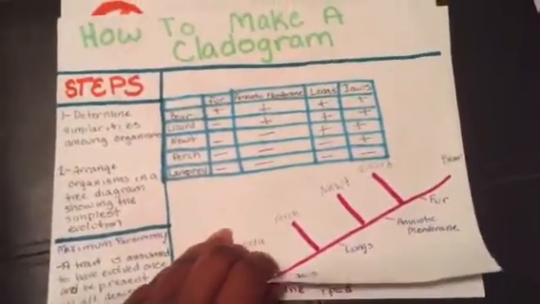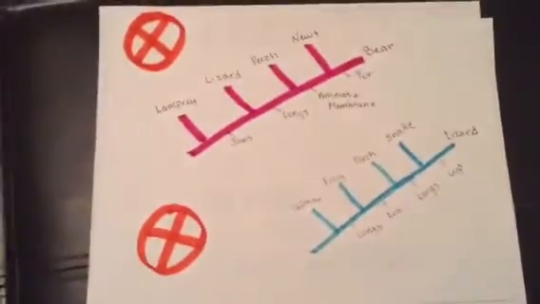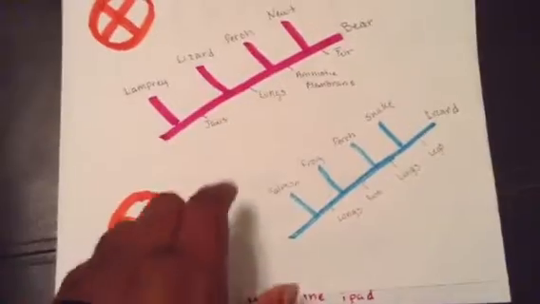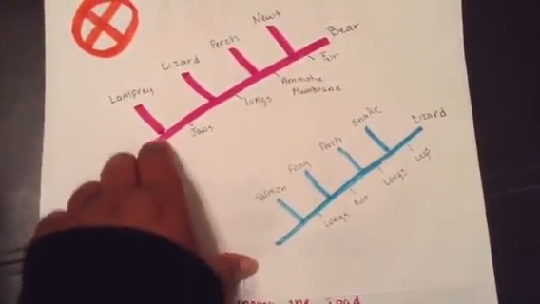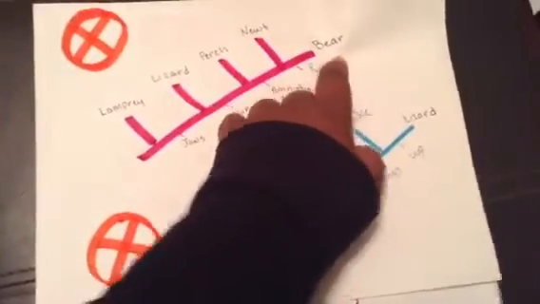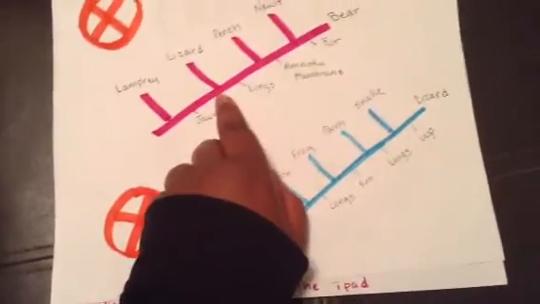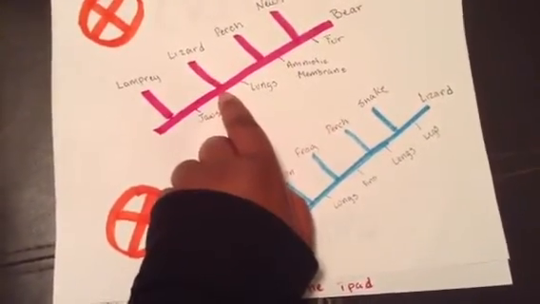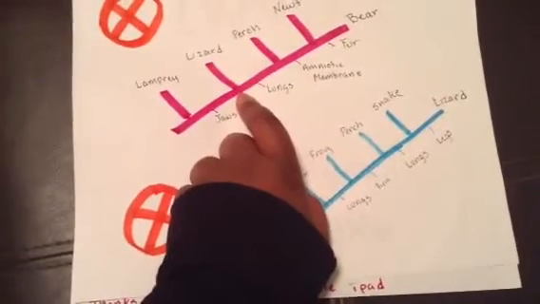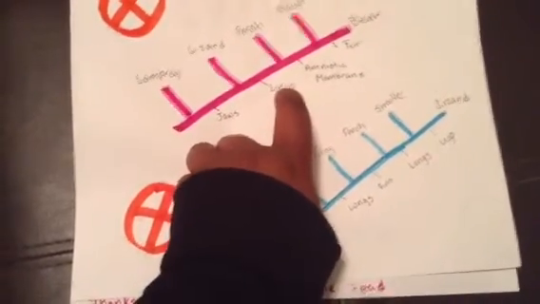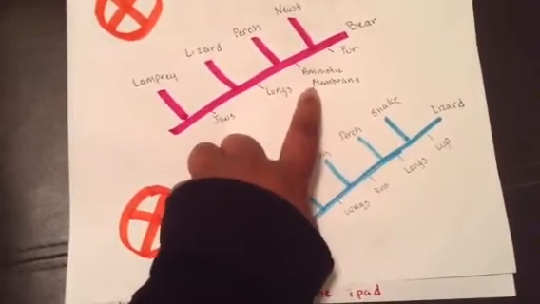Here are examples of some bad cladograms. The lamprey and the bear are where they are supposed to be, but the newt, the perch, and the lizard are not. The lizard, as we looked at before, has not only jaws, but it has lungs and an amniotic membrane.